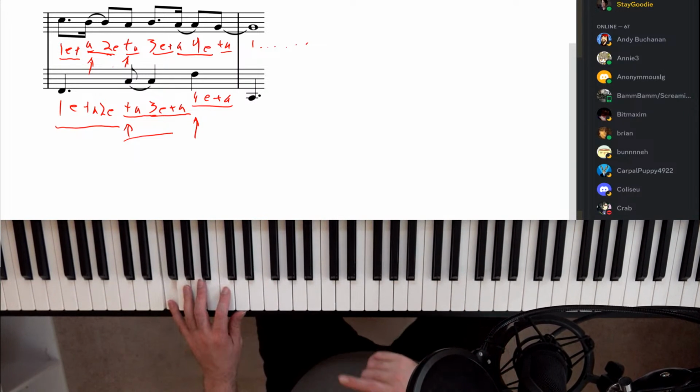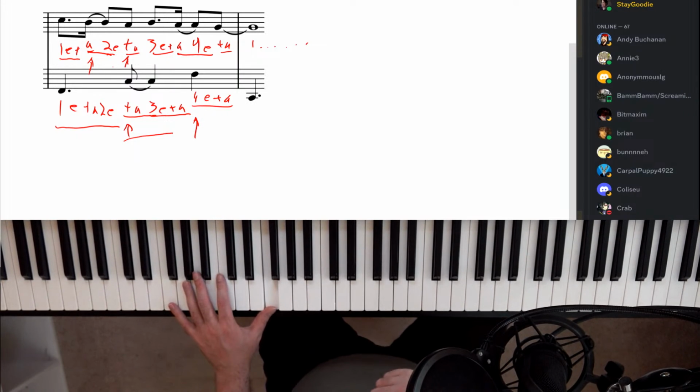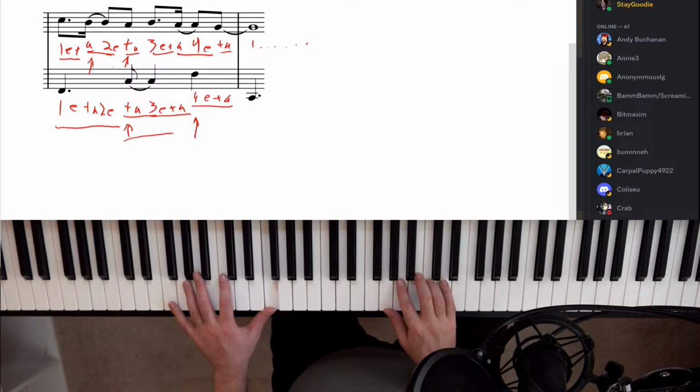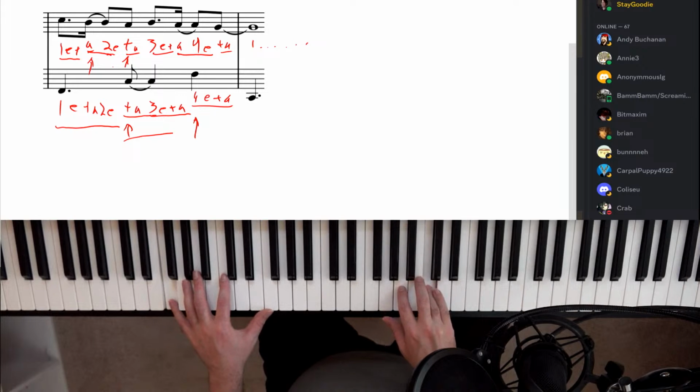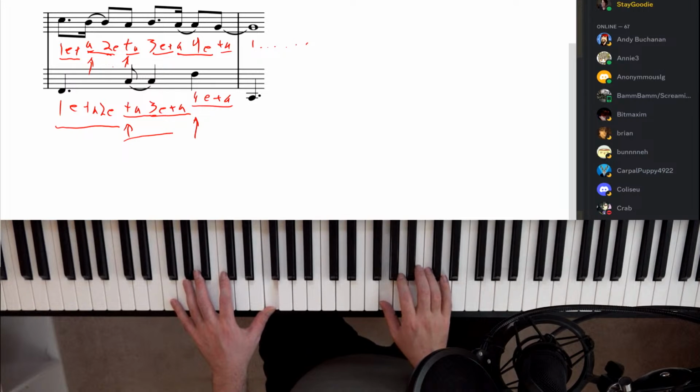1 e and 2 e and 3 e and 4 e and, pretty easy. Now let's try it all together, nice and slow. Okay. 1 e and 2 e and 3 e and 4 e and, oh, that's tough.